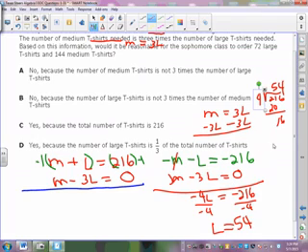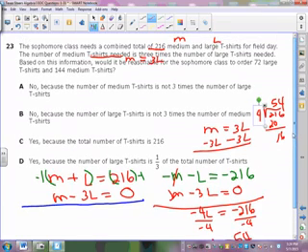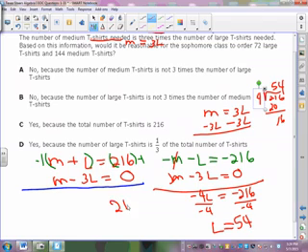And then if we subtract that from 216, you get 162 medium.